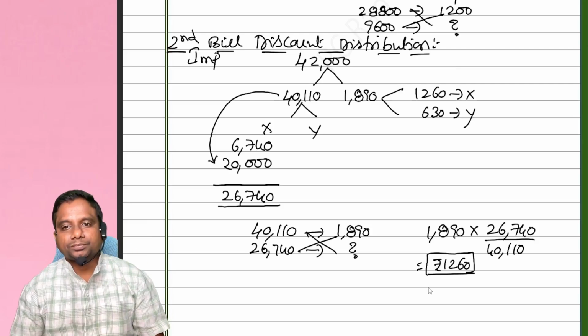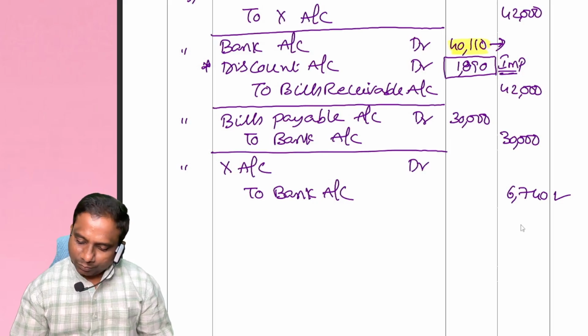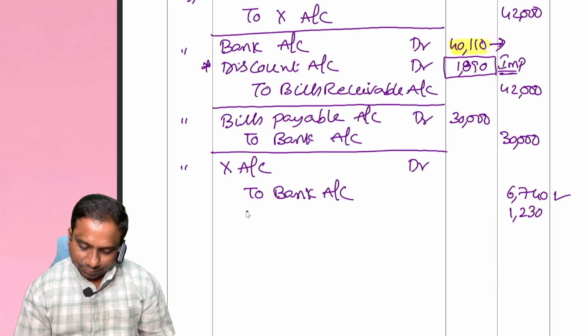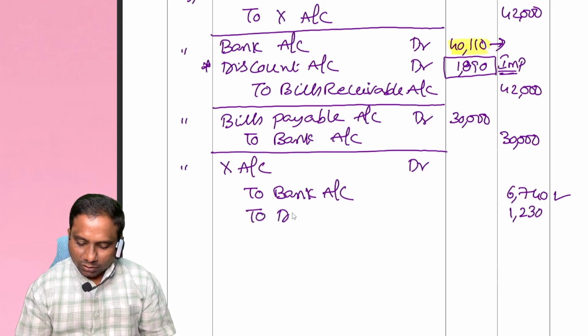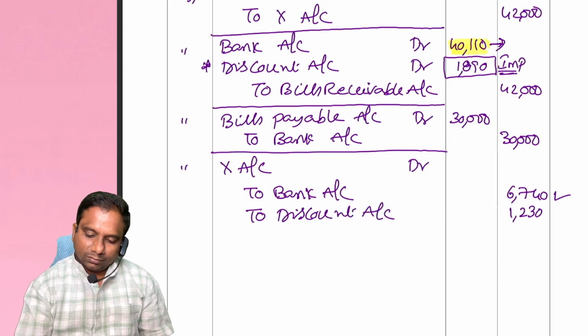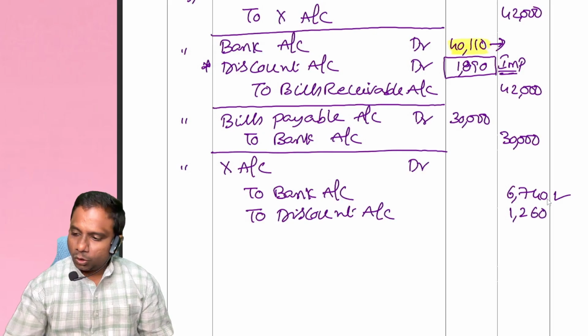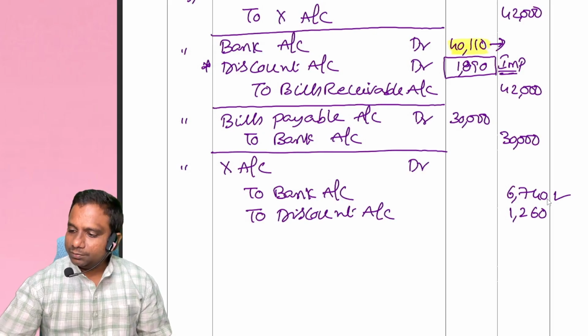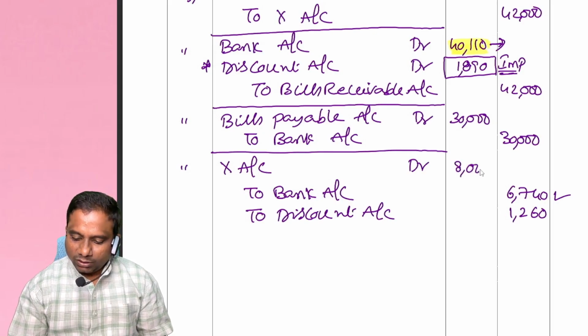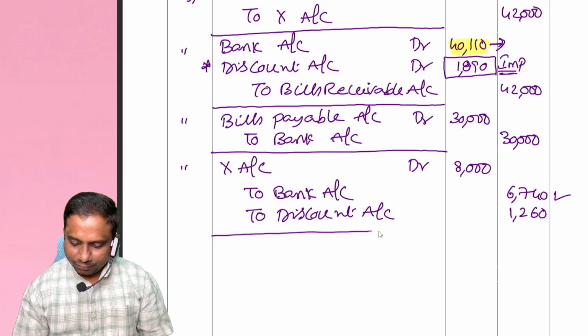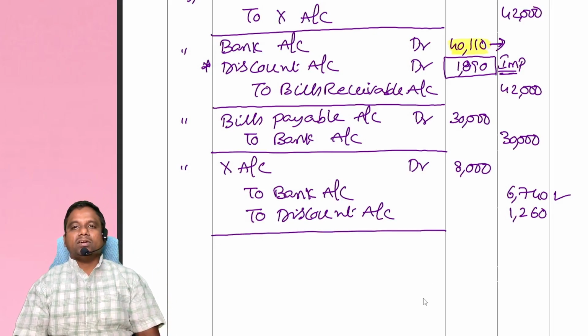Clear? Now, based on this, here we write discount 1,260, total 1,260 plus 6,740, 8,000. This is the entry we should record.